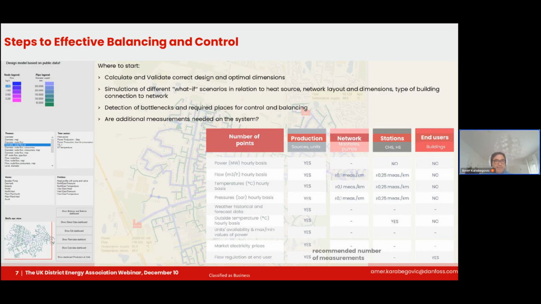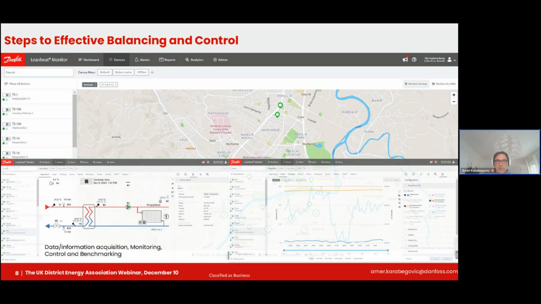So in case we figure out that we need additional measurements, here are, based on a lot of implemented projects, some KPIs which you need for the additional measurements.